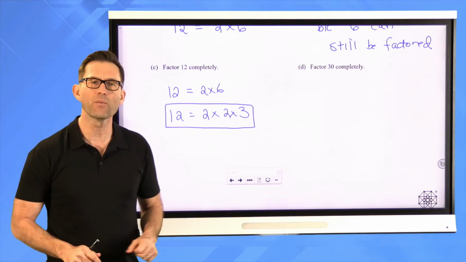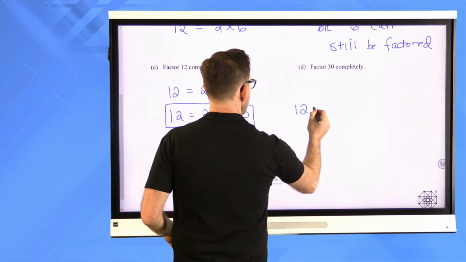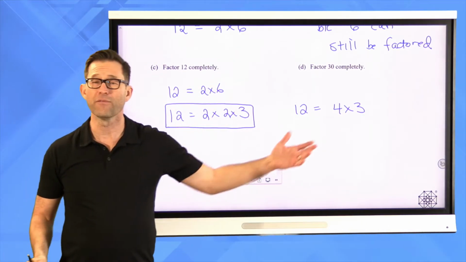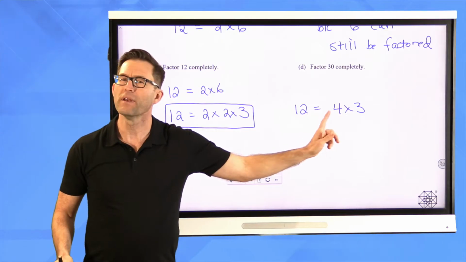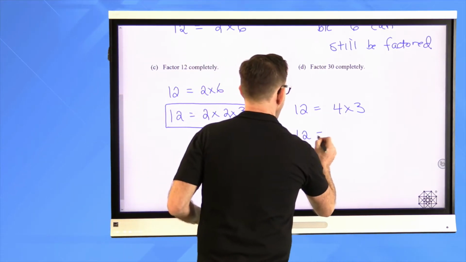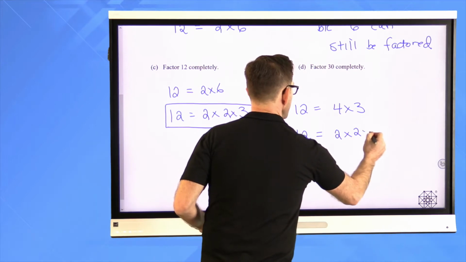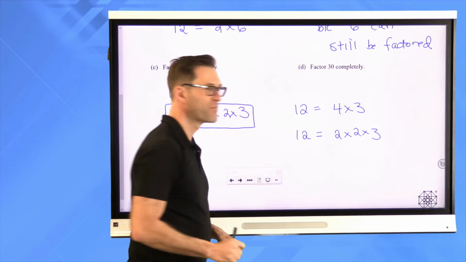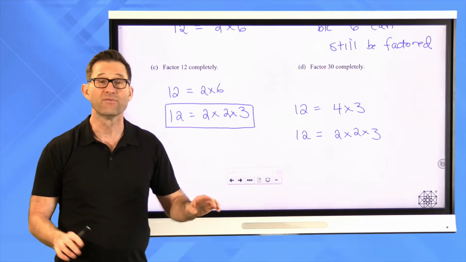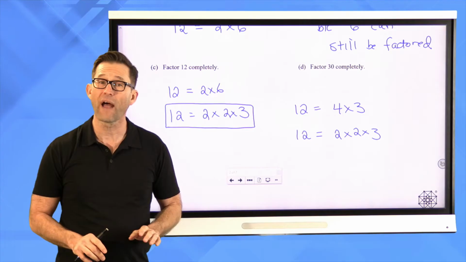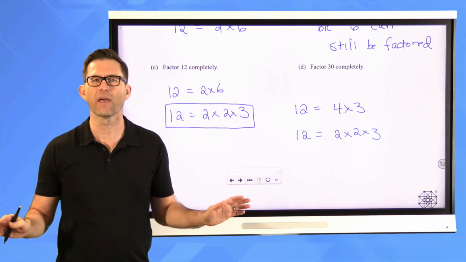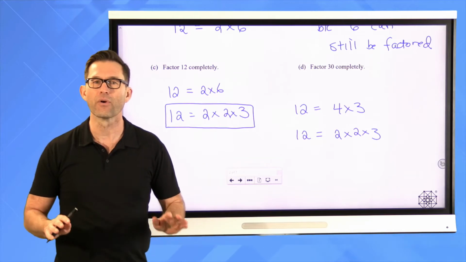What if you started with, let's say, 4 times 3? That'd be fine, right? That would be factoring 12. But now it's the 4 that isn't factored. So then we could say 12 is equal to 2 times 2 times 3. And notice, we have exactly the same thing as we have here. It doesn't really matter the order in which you factor.